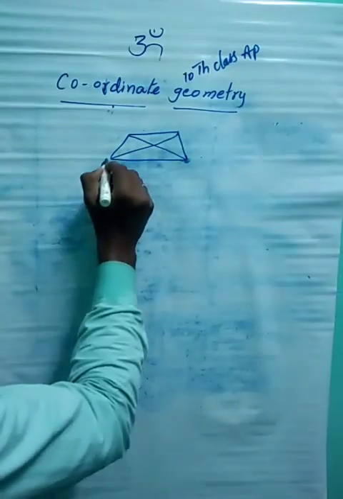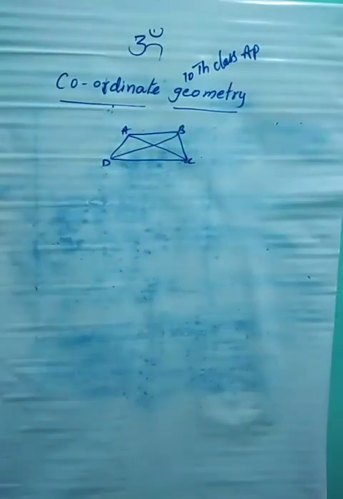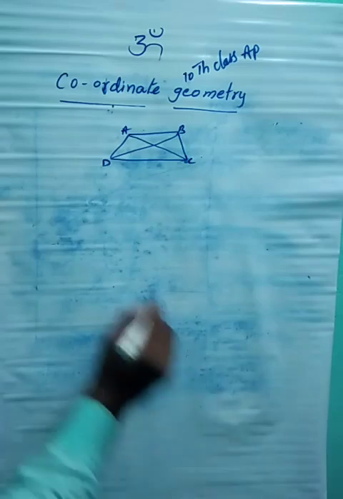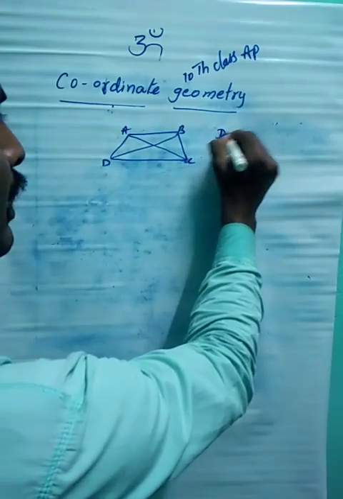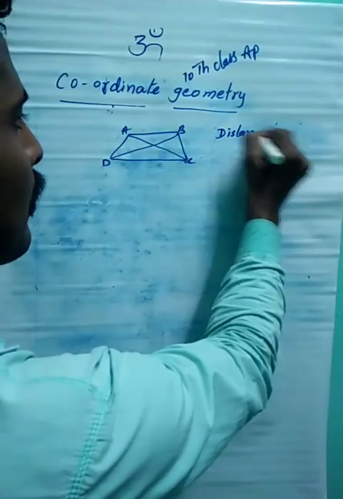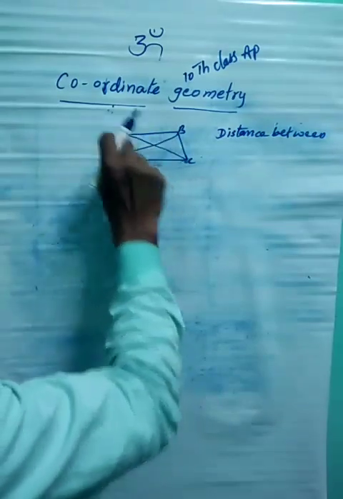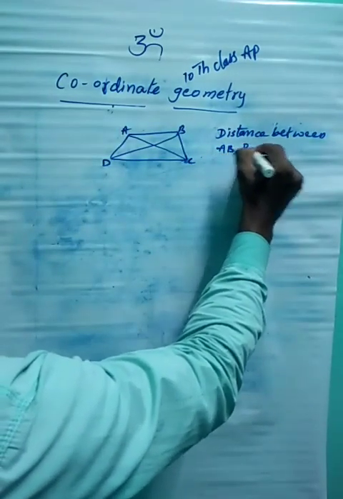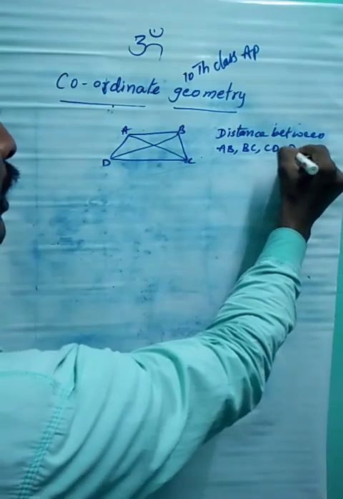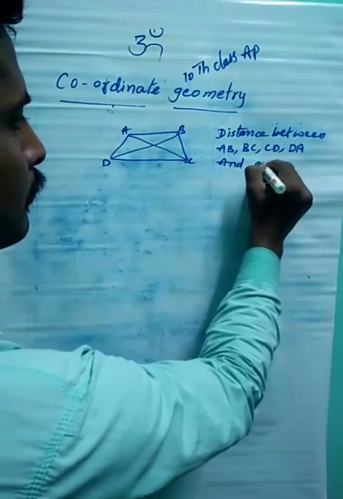Suppose I name these as A, B, C and D. Whatever shape of quadrilateral it is, we want to know the distance between, first of all, sides AB, BC, CD, DA, and also the diagonals.